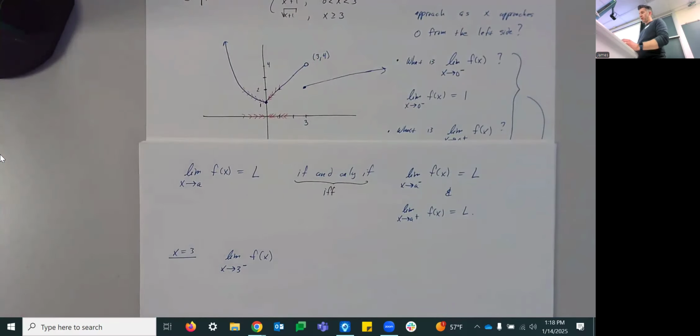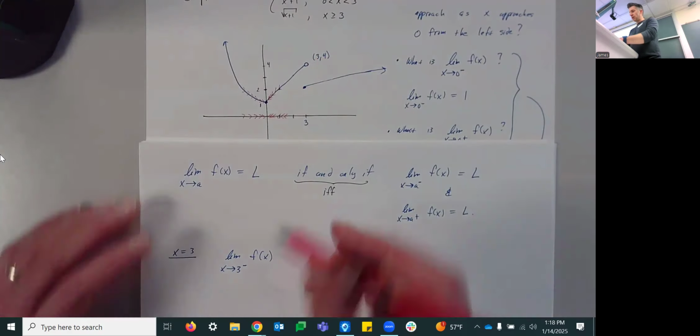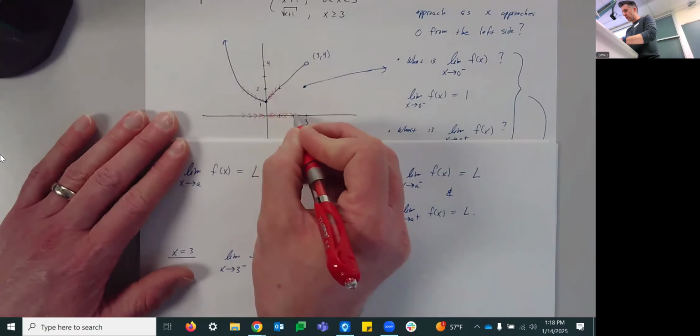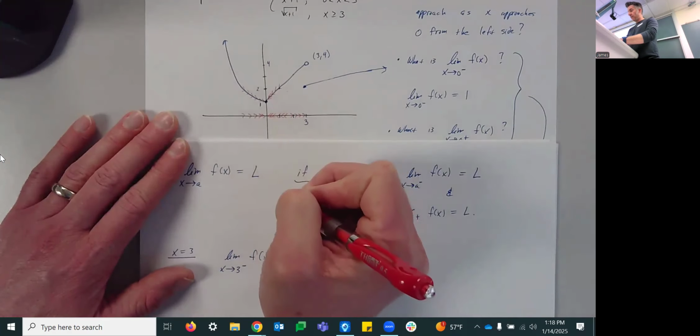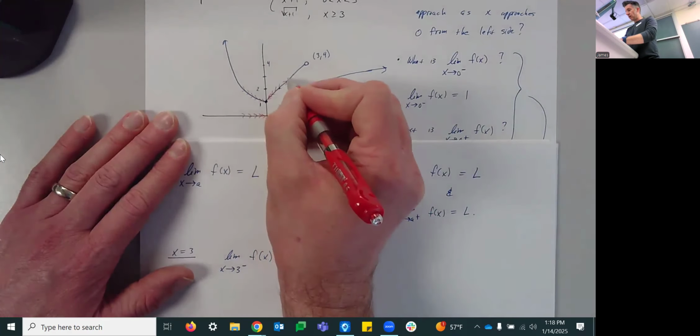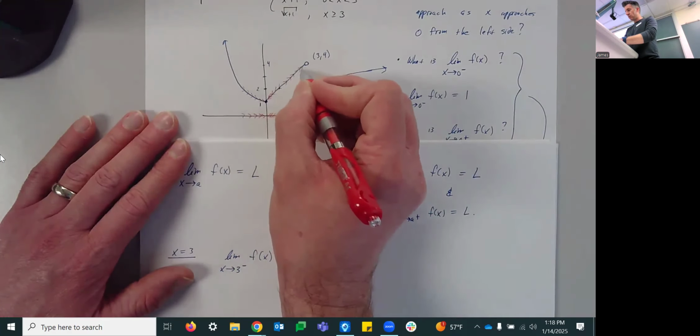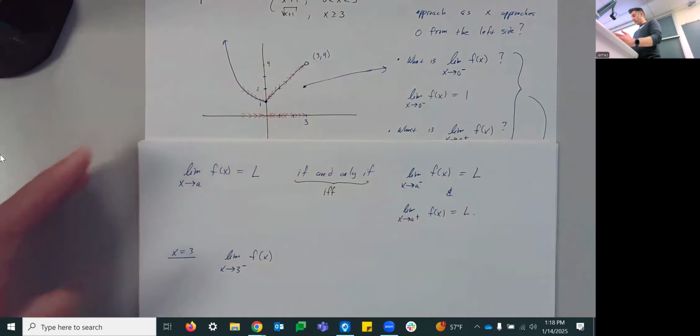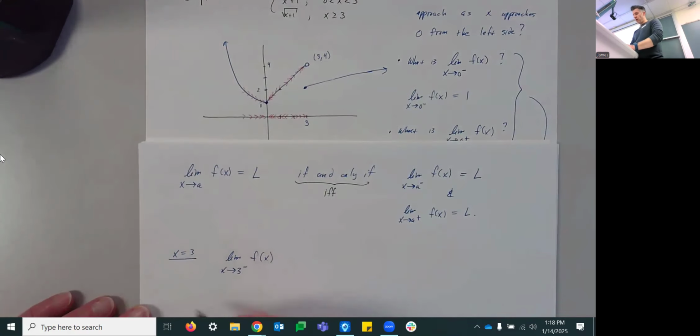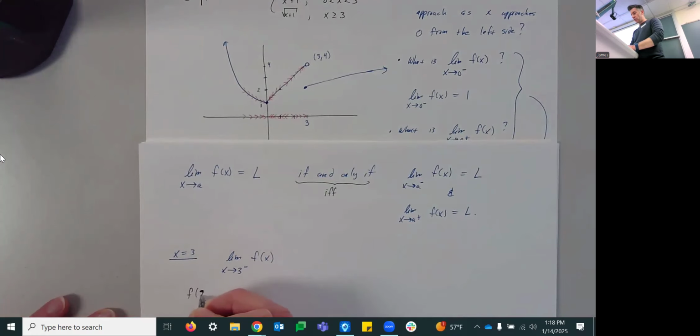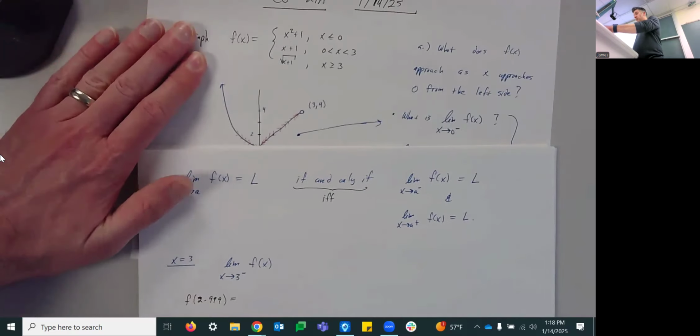And so what's happening here is that as x is getting closer and closer to 3 from the left, the y values are getting closer and closer to 4. So for example, f of 2.999, I'm just plugging that into the middle piece of the function.